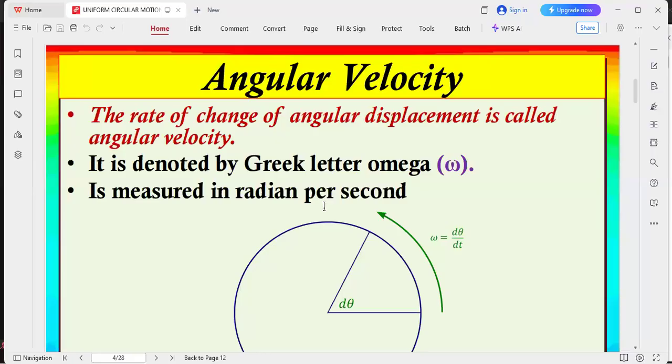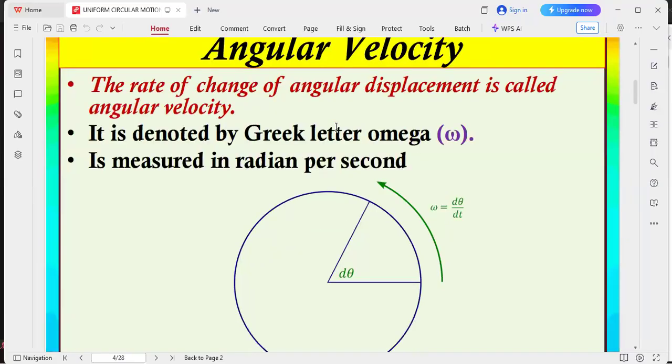Angular velocity is the rate of change of angular displacement, so angular displacement theta divided by time. It can also be defined as change in angular displacement per unit time.